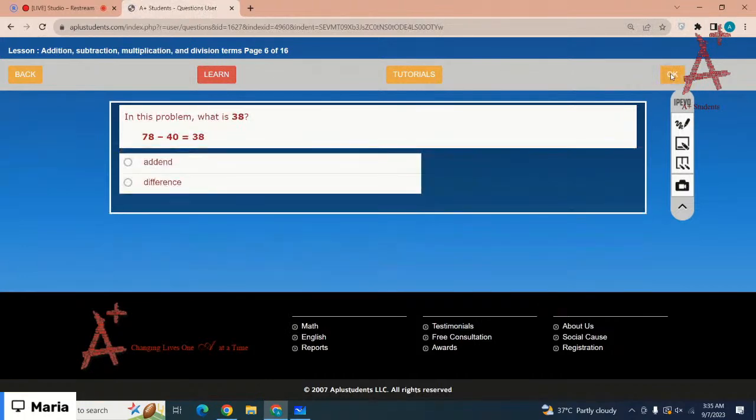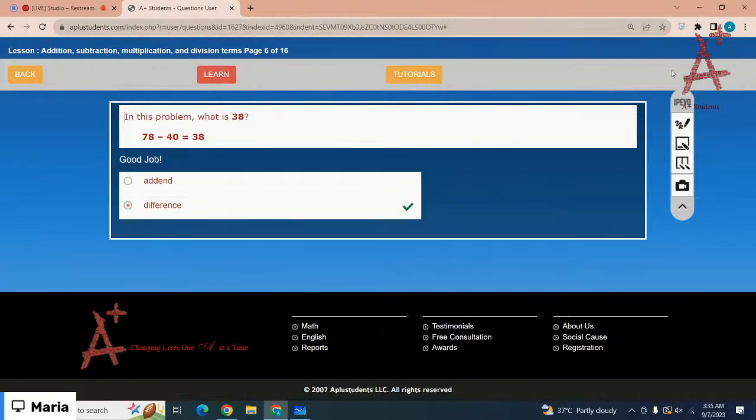In this problem, what is 38? So you can see you have 78 minus 40, right? And 78 minus 40 is 38. So you're subtracting two numbers. 38 must be the difference of these two numbers, right? So 38 is difference.